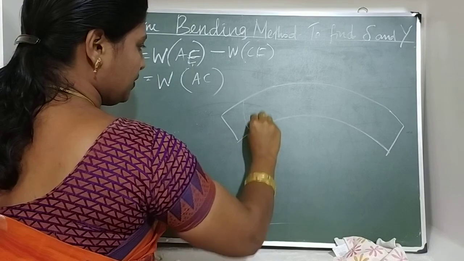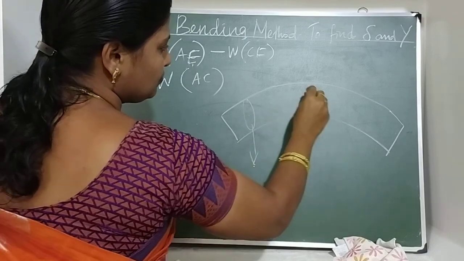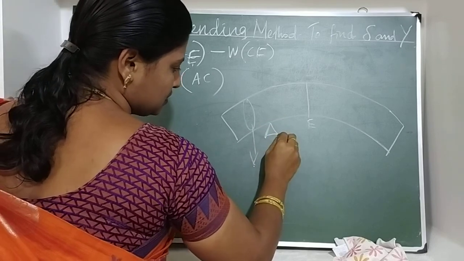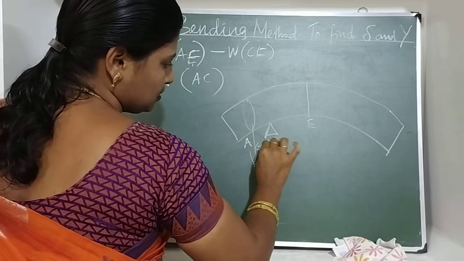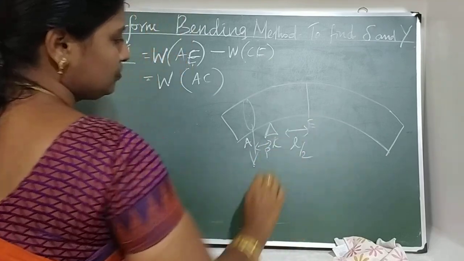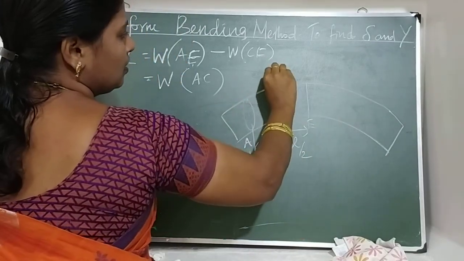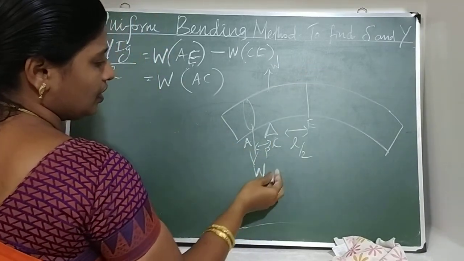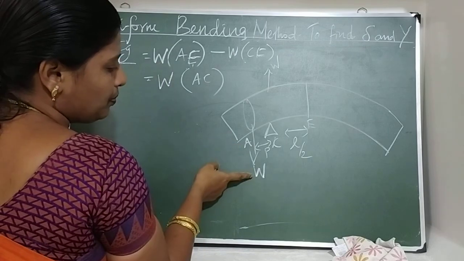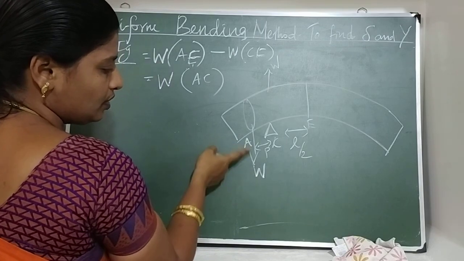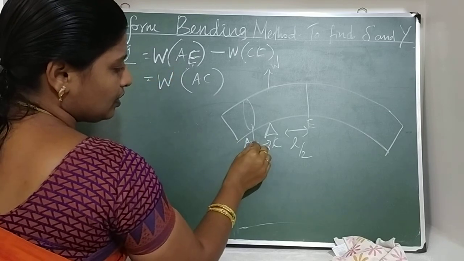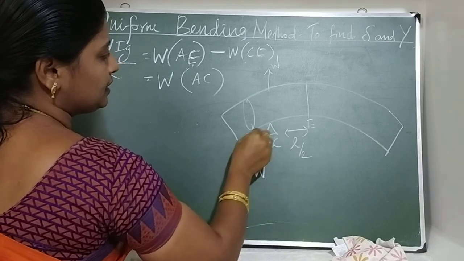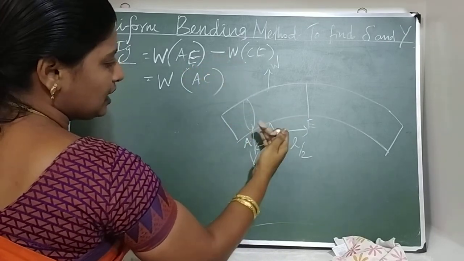This one B, this one weight hanger W. This one B, knife edge C. This one B, this one P. This one L by 2. With this point, in the upward direction, you apply load W into your load applied point, to your midpoint distance AE minus, except this value.